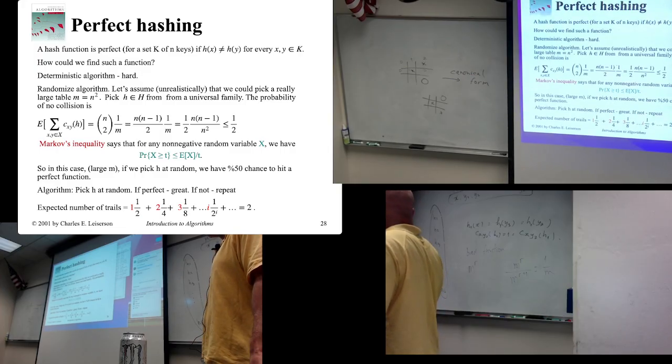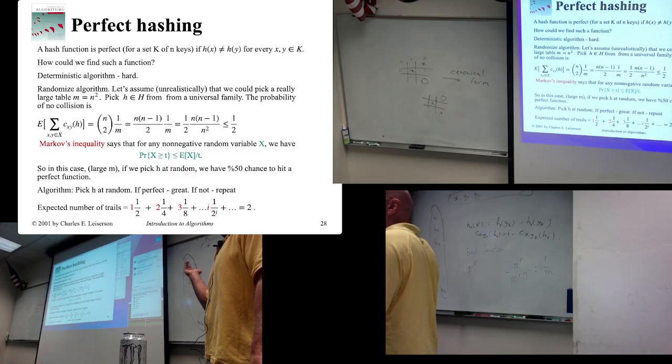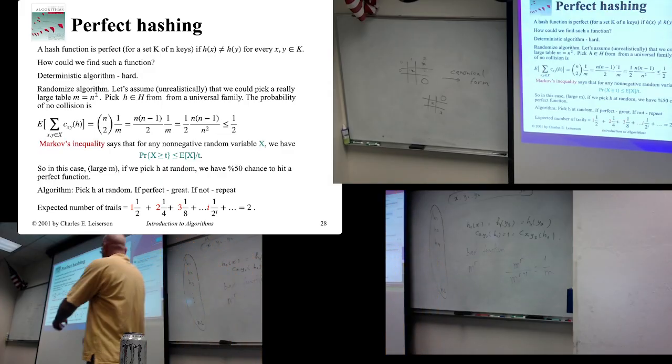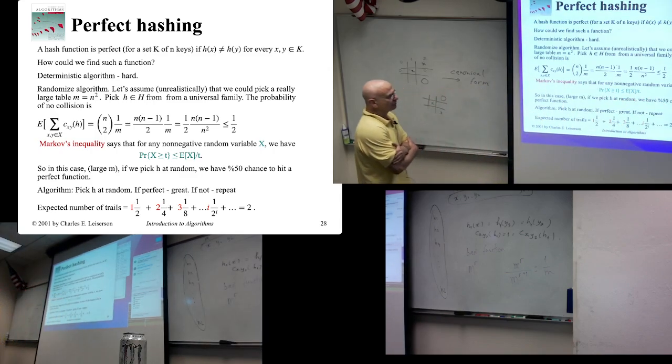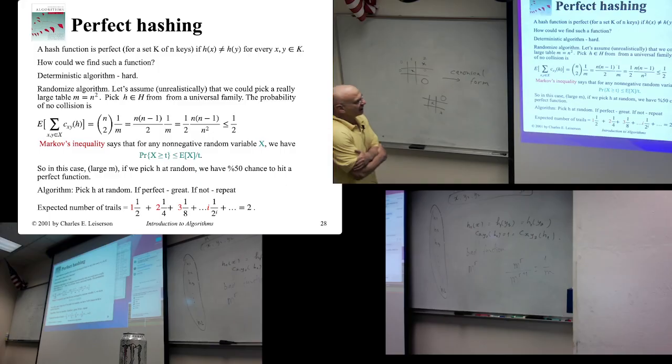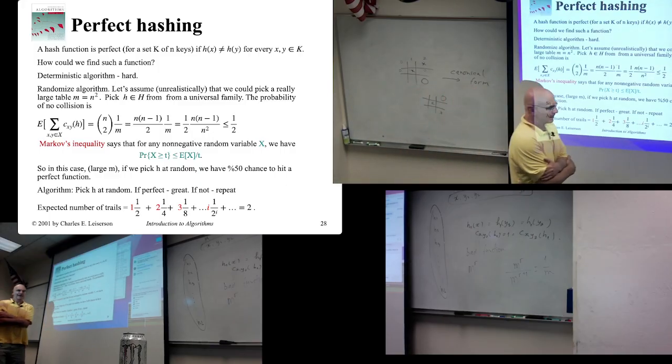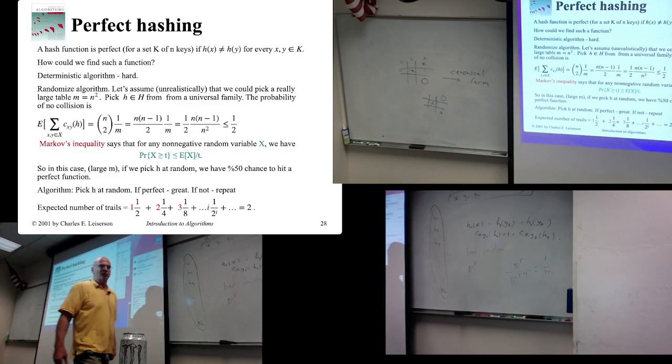You will give me the set of keys, I'll decide about m, which is usually twice n, and prepare a hash function, but my condition is that the search will take order 1 in the worst case. I don't want average, I don't want anything. I want that there will be no collisions at all.